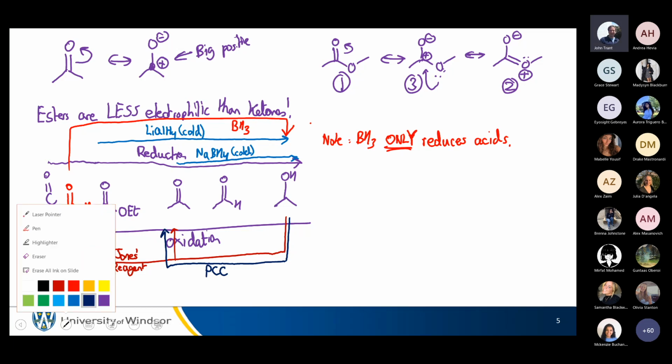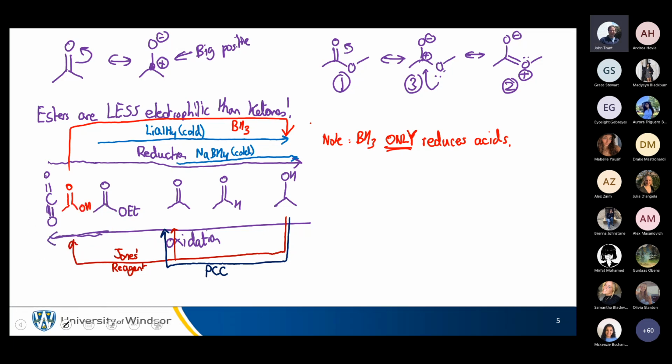And as an exercise, I'm going to leave this for the class because we're at the end of class. Let's say I wanted to do this, the thing in orange.